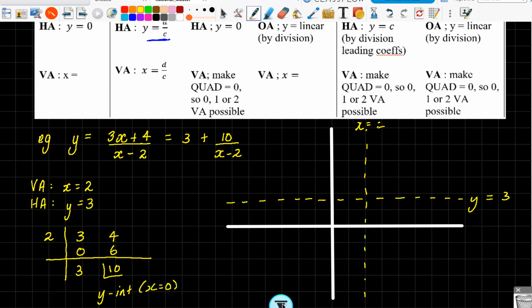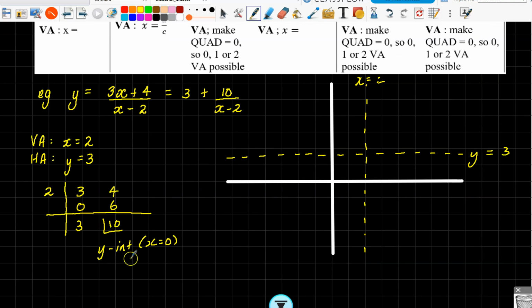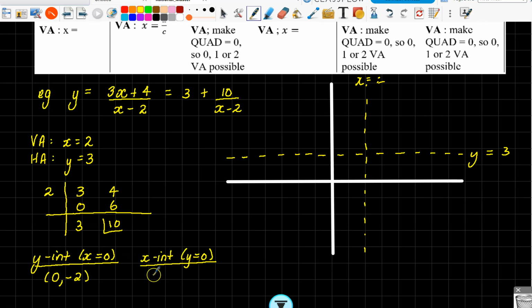But again, use your graphics calculator by all means to find this out. X-intercept, you make y equals 0, so we're solving 0 equals 3x plus 4. I don't even need to write the divide by x take 2, because to get rid of a divide by x take 2 we times, and 0 times anything is 0. So we get here that this would be x equals minus 4 over 3.